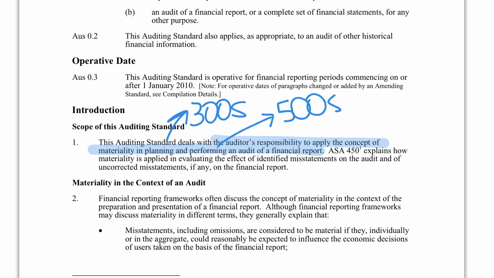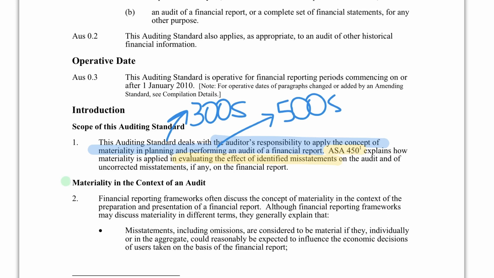So what do we do with materiality at the planning stage and then at the end? Once we've identified any misstatements, ASA450 says, well, what do we do when we evaluate the effect? And there'll be another video on ASA450 to look at how we actually evaluate misstatements.